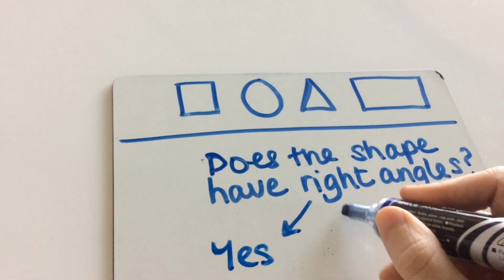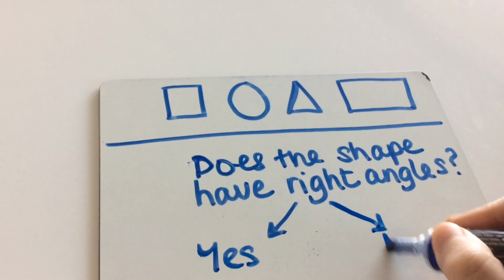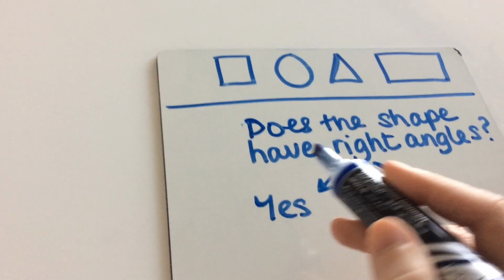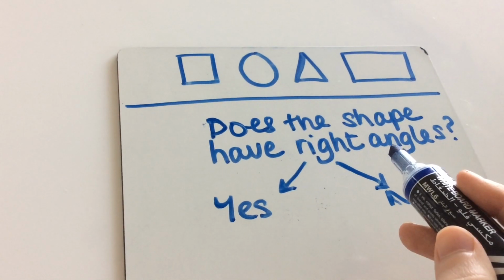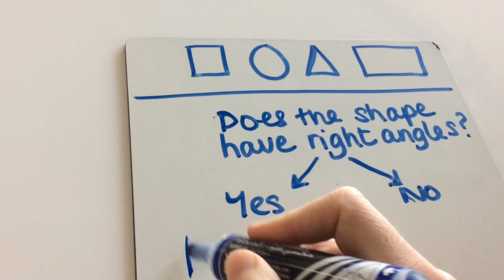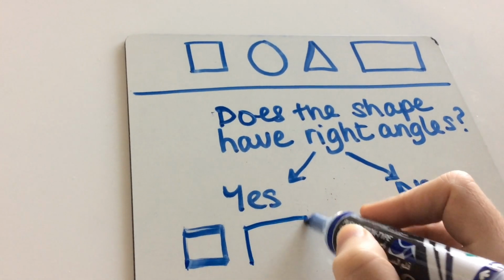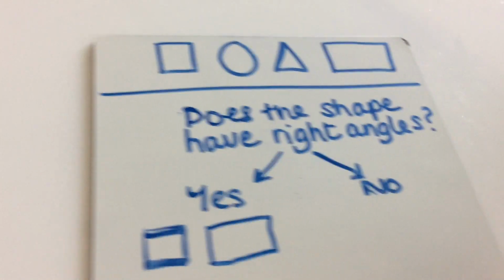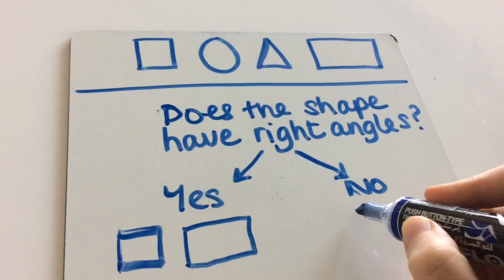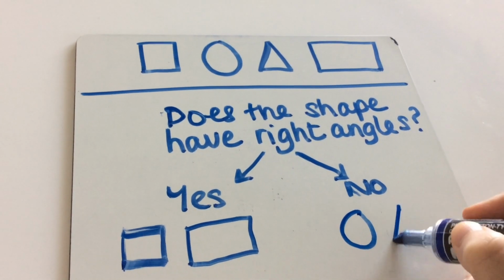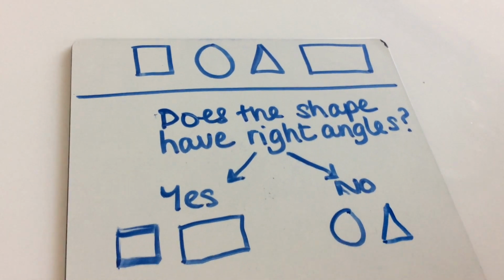We've either got yes or we've got no. Okay, so does the shape have right angles? Yes, the square does. And yes, the rectangle does. Okay, so I've sorted those ones. No, the circle, and no, the triangle.